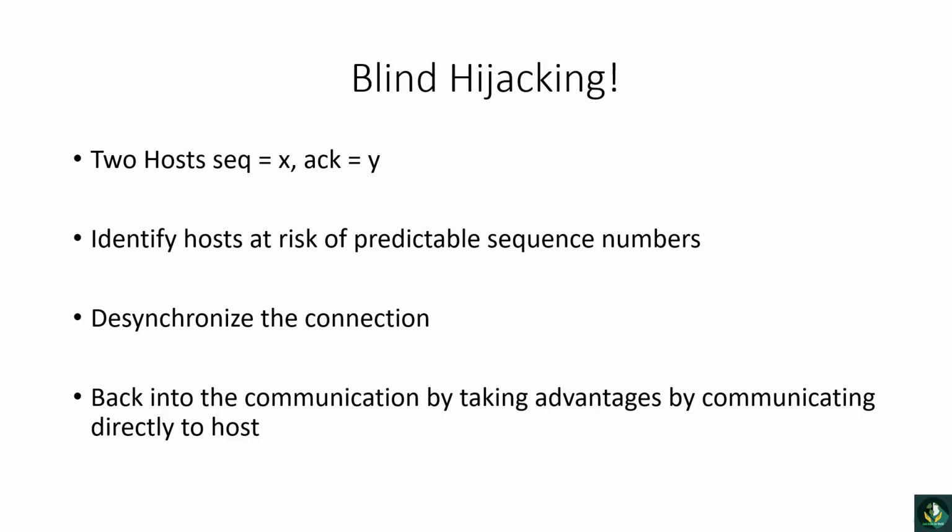Basically what that means is that the attacker is aiming to change the sequence or acknowledgement number of the server. Now they can do this in a few different ways. For example, they could send null data to the server, which means the sequence number will increment on that end but not on the client side.